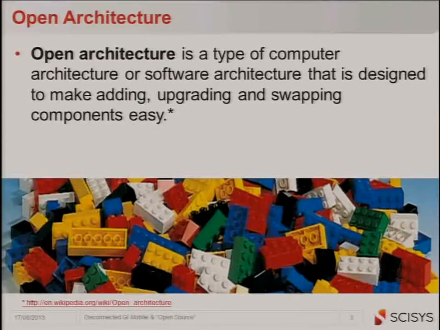So I like to take a bit of an analogy when I talk about an open architecture. Like Wikipedia will tell you, it's a set of computer software which is there to help you to quickly swap components.